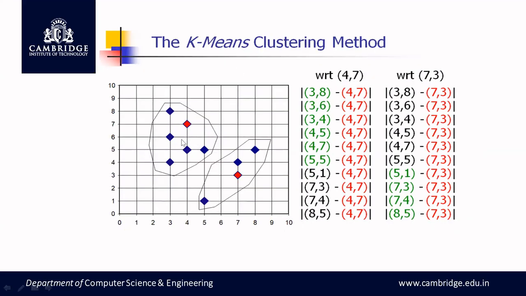So by this, what have we done? By grouping these points with respect to the Euclidean distance, we are able to form clusters. Here the number of k is 2 because we have taken only 2.